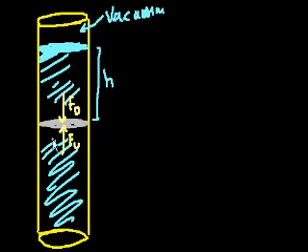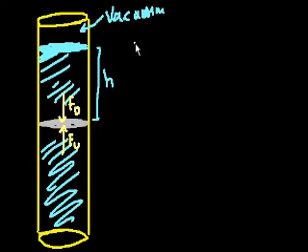So what is the force down? What is the force down acting on this cylinder? Well, it's going to be the weight of the water above it, because we're in a gravitational environment, and this water has some mass, so whatever that mass is times the gravitational constant will equal the force down.